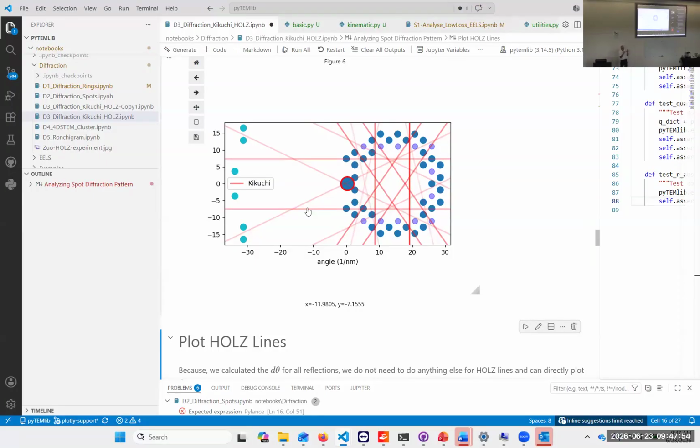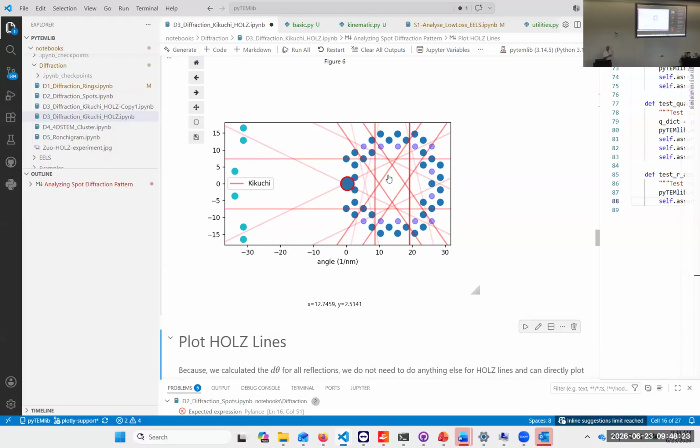So even if you have mistilt, you can see that, and we'll see in the next lecture, we will do it on the microscope, and we'll directly look at that there. So we will look at the Kikuchi lines. We look at the symmetry of the Kikuchi lines, and the center of the Kikuchi lines is where our exact zone axis is. So we can directly find them.